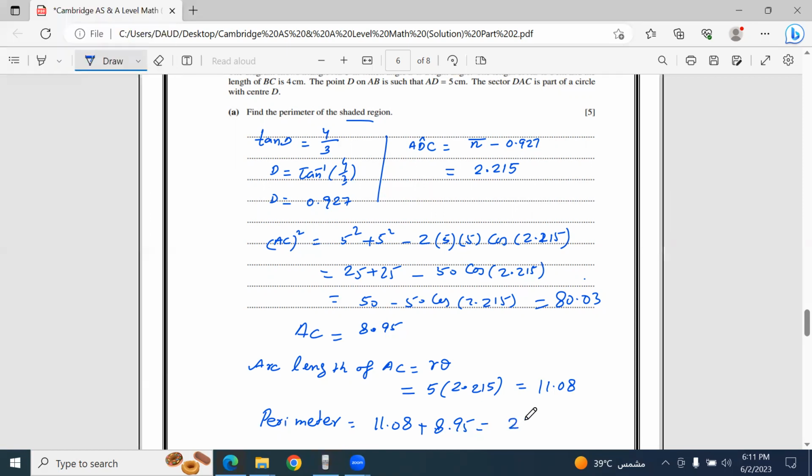We can consider 3 significant figures, so 20.0. This is our required answer for the first part.